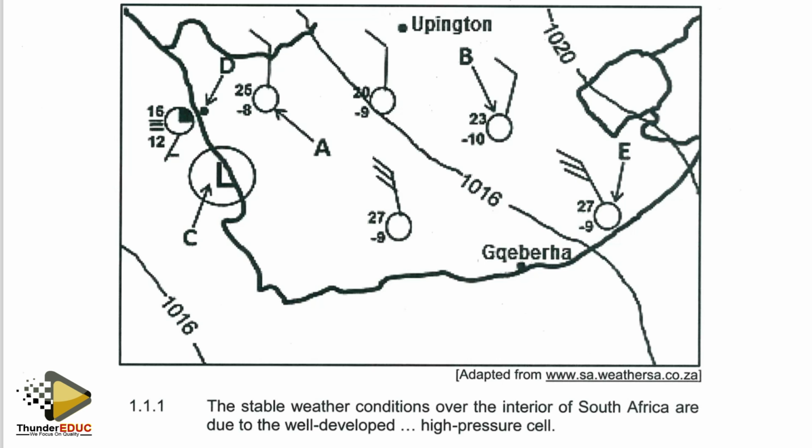The wind direction is a north-westerly wind at 30 knots. And the maximum temperature is 27, the minimum temperature is -9. We want conditions that relate to the prevalence of backwind conditions at that weather station.